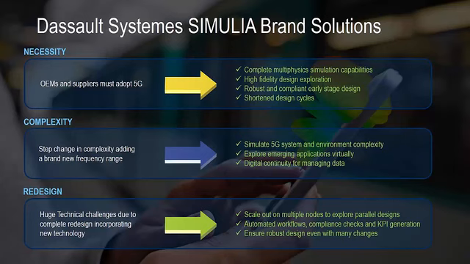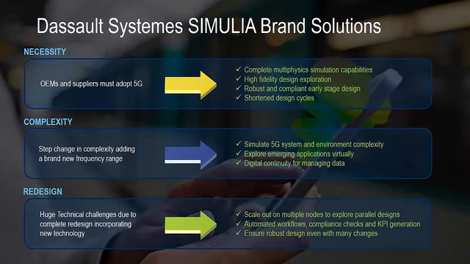Being able to run a complete multi-physics scenario is very important, so not just electromagnetics, but heating and stress factors as well. And being able to explore the whole design space, looking at all the variables and being able to optimize across a number of different variables. So really, we're talking about robust early stage product design. That's very critical for 5G and shortening the design cycle.